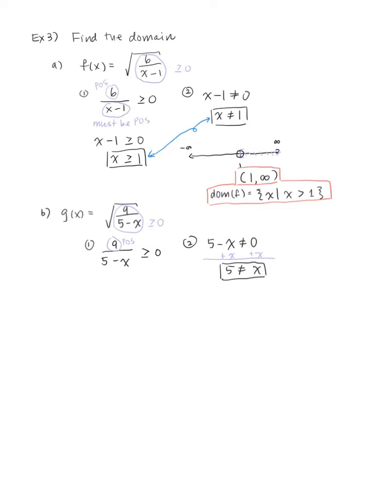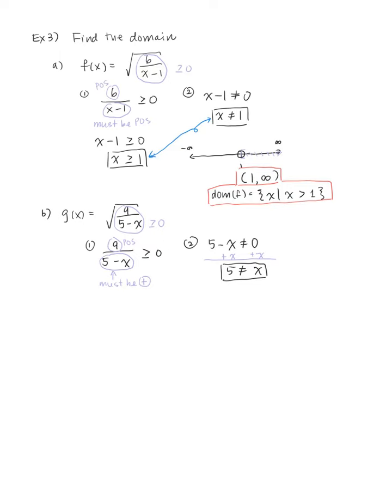But in this case, since the top is a positive 9, this guy must be positive. I'm just going to write it as plus, which denotes positive. So let's write that out. Another restriction is going to be 5 minus x better be greater or equal to 0, which is the same thing as 5 minus x must be positive.